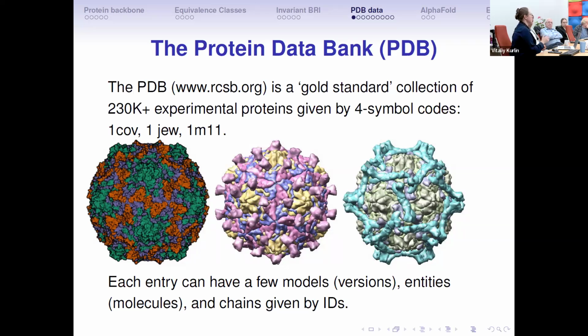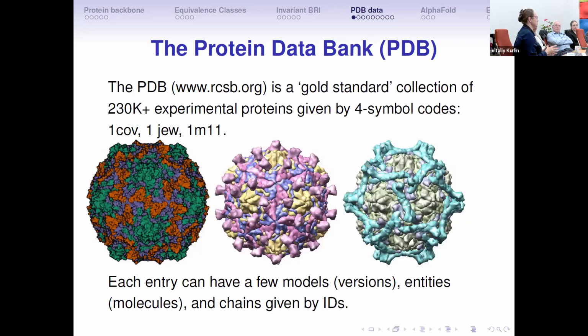And in practice, as again was mentioned in a previous talk, the largest collection of proteins, the so-called Protein Data Bank, is considered to be a gold standard of experimental structures. So each protein has a 4-symbol code. Well, there are some examples which correspond to the 3 pictures below.